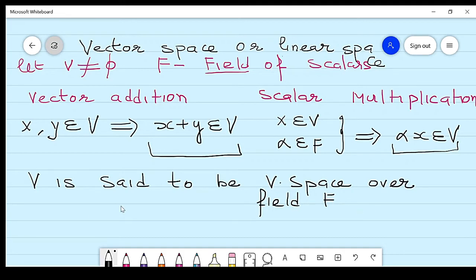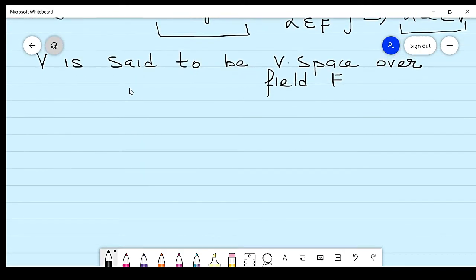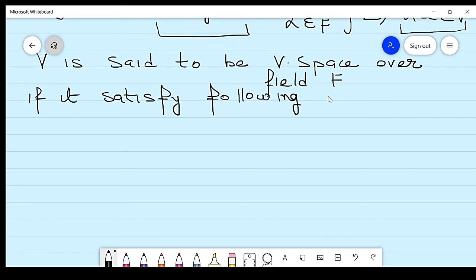So V is said to be a vector space over field F if it satisfies the following properties. So remember these properties.